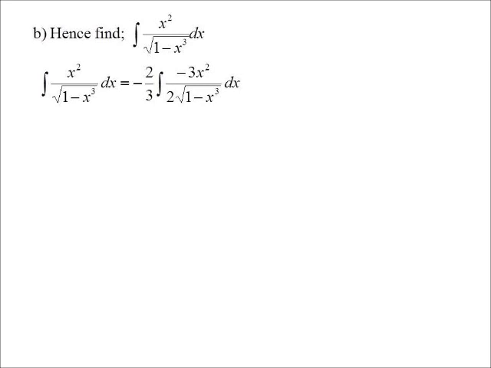And then we can use the logic that says, hang on a sec, if I just differentiated the square root of 1 minus x cubed and got minus 3x squared on 2 root 1 minus x cubed, then logically, if I integrate minus 3x squared on 2 root 1 minus x cubed, I must go back to root 1 minus x cubed. So that'll just be minus 2/3 root 1 minus x cubed. So that's when they set the question up for us. It makes it a little bit obvious.